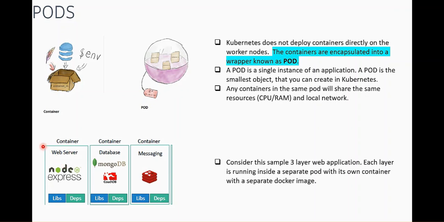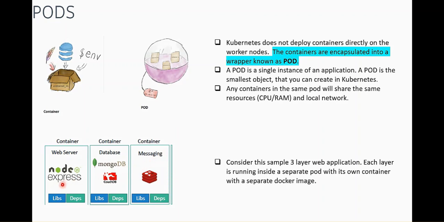So we will have a separate Docker image for the web server, which might be developed in Node.js, a separate Docker image for MongoDB for the database, and a separate Docker image for the messaging app.